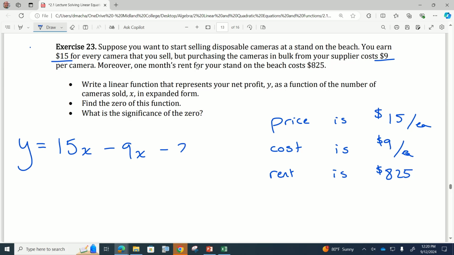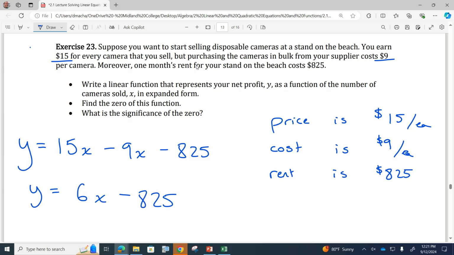And also minus $825 because every month I've got to pay my rent. So for any 1 month, this is my profit equation. And I can simplify this as just 6x minus 825, because 15 minus 9 is 6.